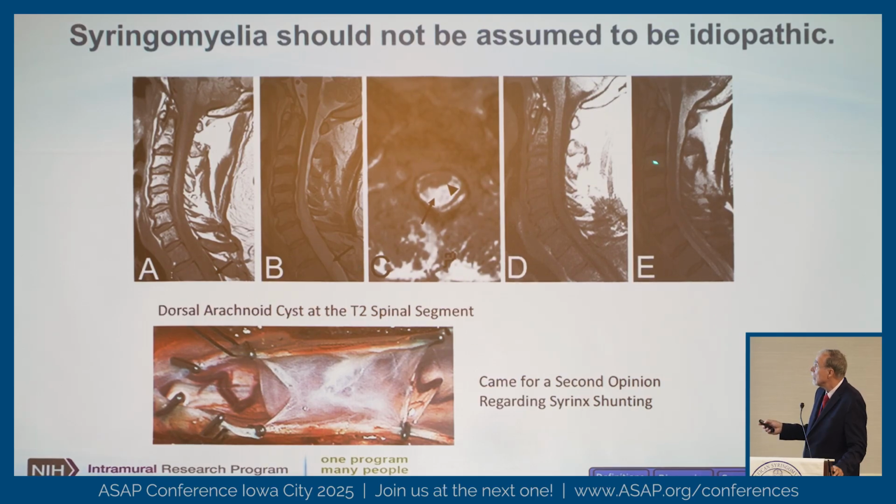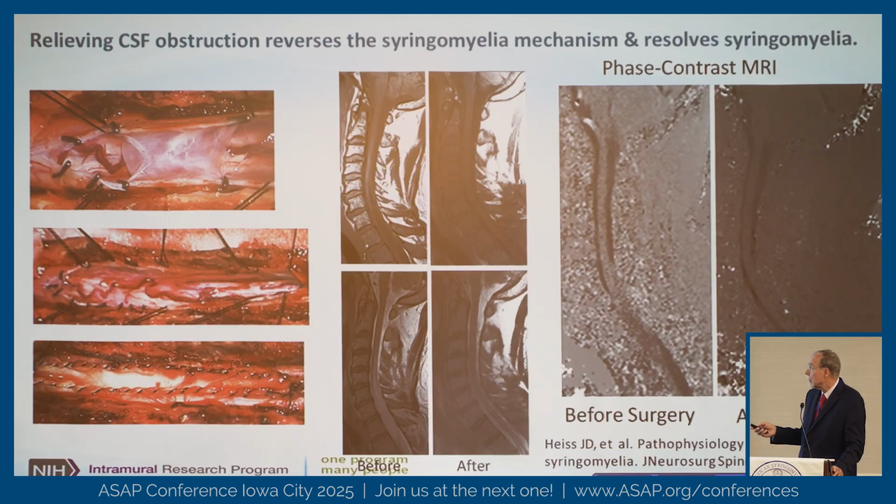If you take the cyst out, then you will reverse the process and the syrinx will go away. And this is the operation, basically. Take out the cyst, and then in this case, we sewed in a graft, and other people might not sew in a graft.